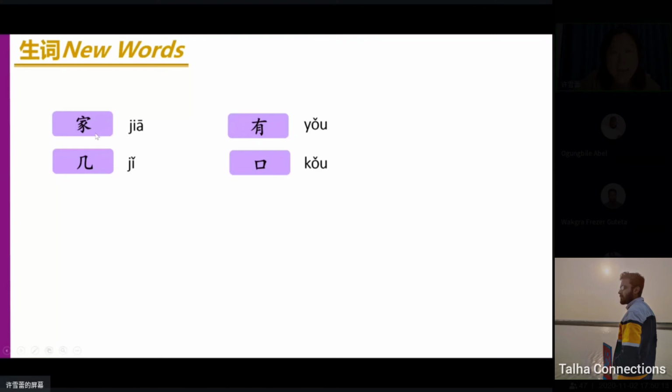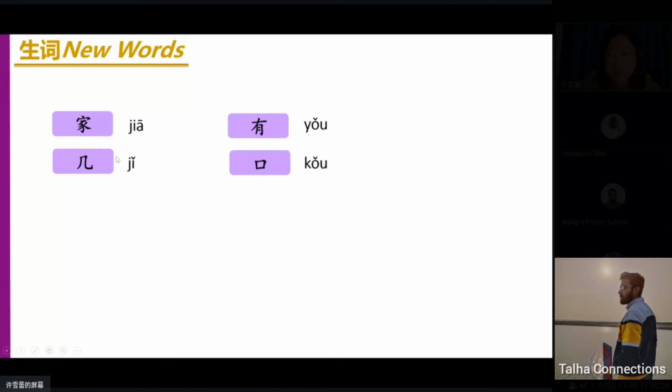So my home, my family, that would be 我家。我家, my home, my family. 有 here means to have, to own something. You have the ownership.